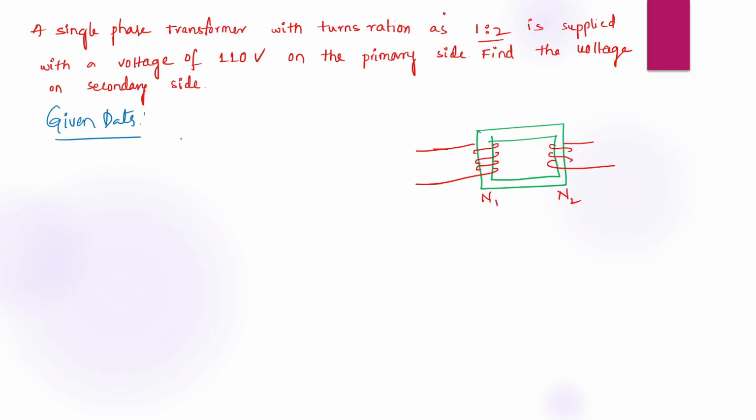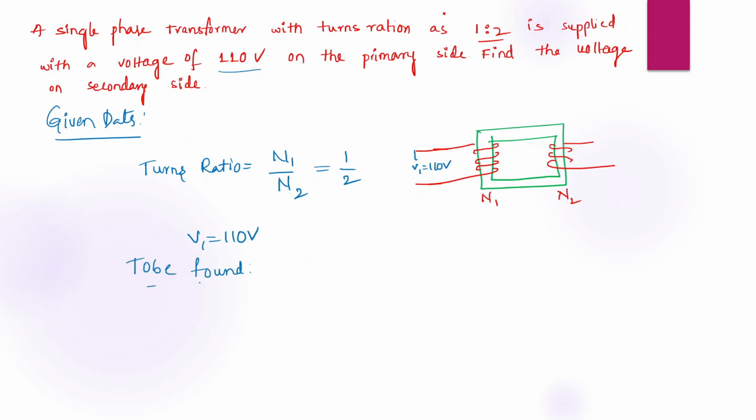A single phase transformer with turns ratio given. Turns ratio is nothing but N1 by N2, as we have seen earlier, that is 1/2. It is supplied with a voltage of 110 volts, that is V1 is 110 volts AC supply. Then what is to be found is the secondary voltage V2. What is the value of V2?